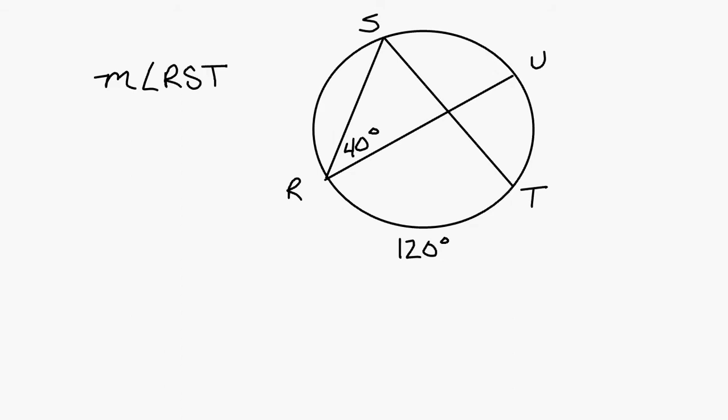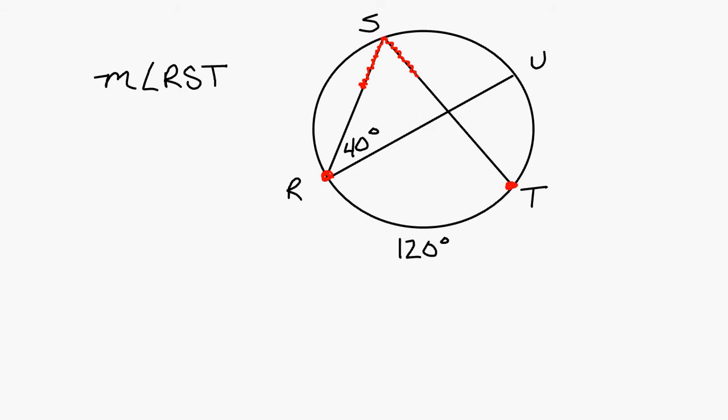RST. I like to identify the angle, so I get a clear picture of the angle that they're asking me about. And once I highlight or color in that angle, then I try to see where that angle ends. Where do the ends hit the circle?